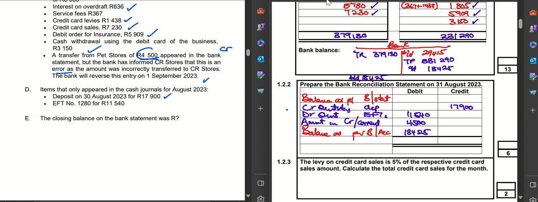Then I'm going to add, what am I adding now? I'm now going to add this plus, and that gives me 34,645. 34,645 minus 17.9. That will end up now with a balance as per bank statement of 16,565. That becomes the closing balance.